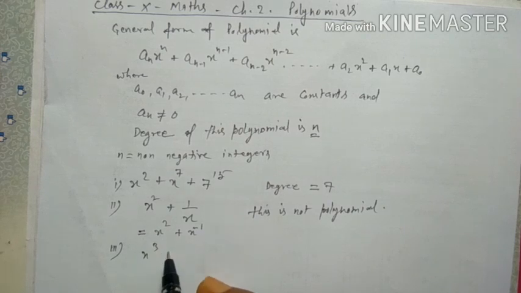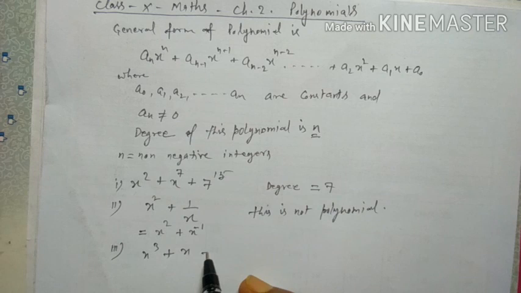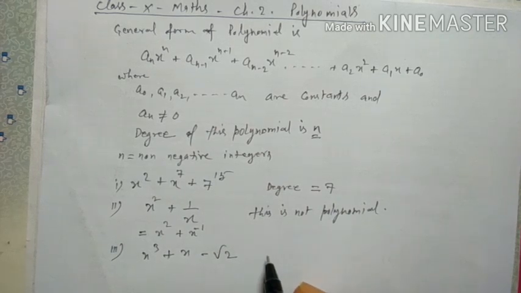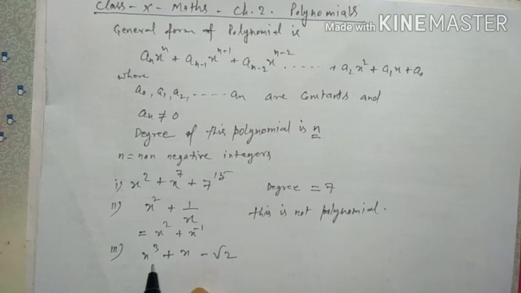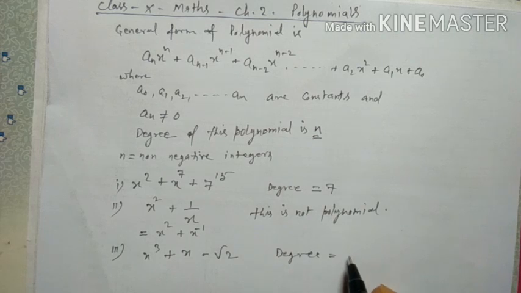Similarly, take another example, x cube plus x minus root 2. This is a polynomial because the power of the variable is a non-negative integer, so its degree will be 3.